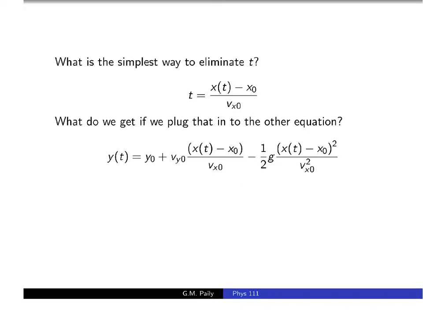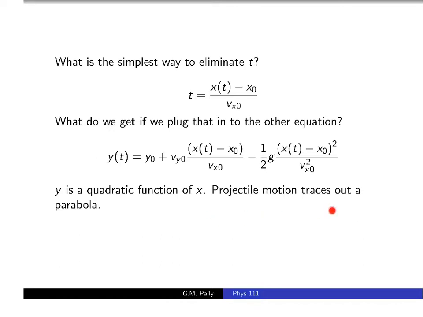Now, of course, this looks fairly complicated. I don't expect you to memorize this. I brought this up simply to point out one thing. Y is a quadratic function of x. Here is a linear term, and then you can see that somewhere in here is a quadratic term of x. So, y is a quadratic function of x, and it turns out projectile motion traces out a parabola.